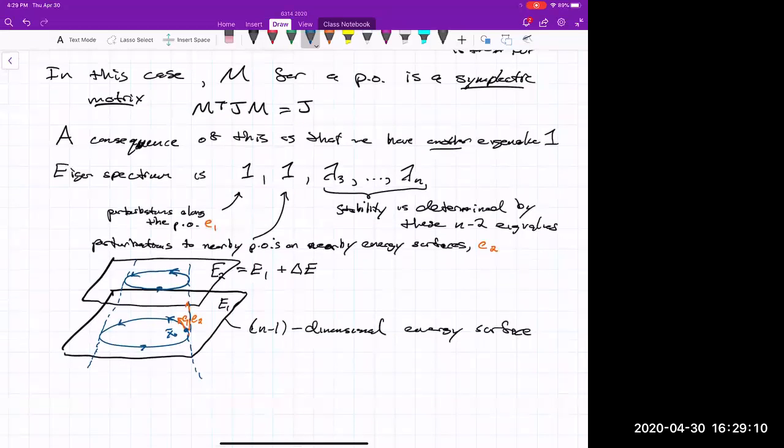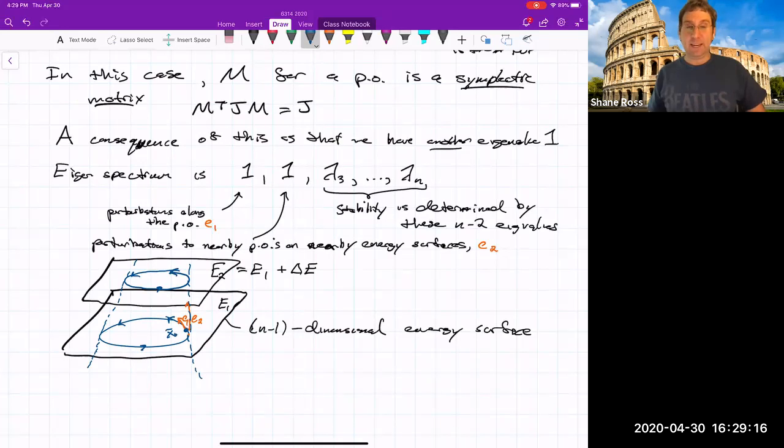So in a Hamiltonian system, it's impossible to have isolated periodic orbits? Yes, in a Hamiltonian system with no non-conservative forces, so the traditional conservative Hamiltonian system, that's right. There are no isolated periodic orbits because you could always perturb to a nearby energy surface and find one.